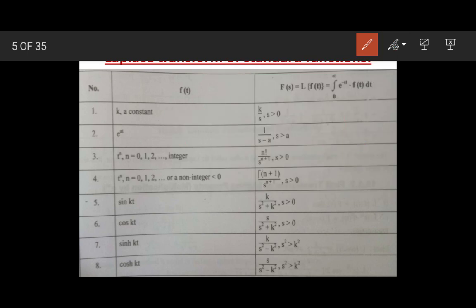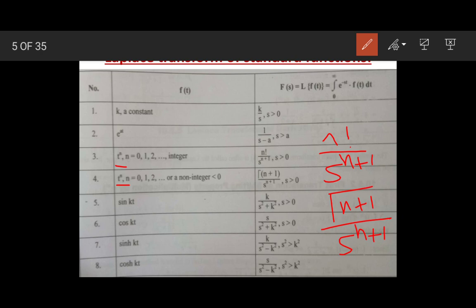Third, the Laplace transform of t raised to n is n factorial upon s raised to n plus 1. For the Laplace of t raised to n, there is one more formula: gamma n plus 1 upon s raised to n plus 1.